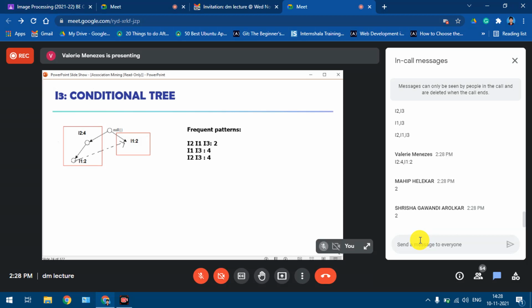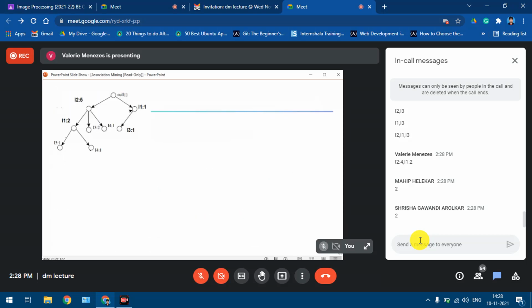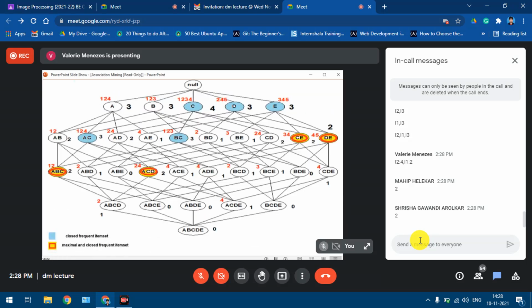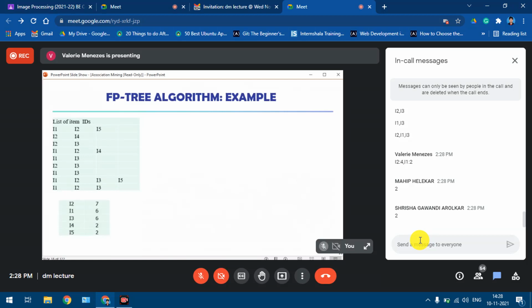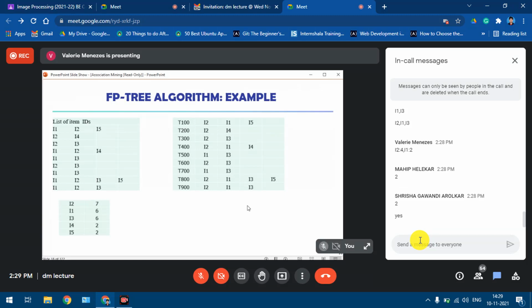And if you want to cross verify whether this is correct, just count. How many times will I1, I2, I3 occur? Once and twice. Is the support count of I2, I1, I3 not 2?